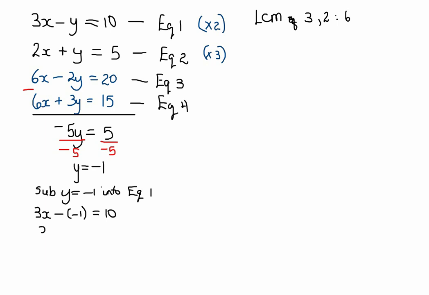So let's simplify, and we will get that 3x plus 1 is equal to 10. Subtract 1 from both sides, we're going to get 3x is equal to 10 take away 1, which will leave us with 9 on the right hand side. And then the last thing to solve for x is divide both sides by 3, which in this case is going to leave us with x is equal to positive 3.